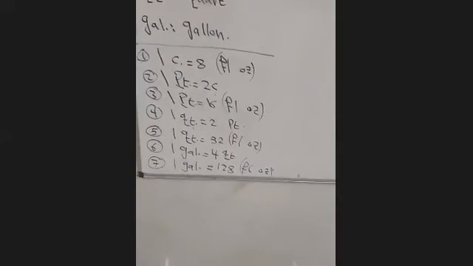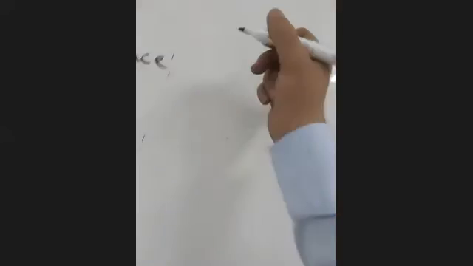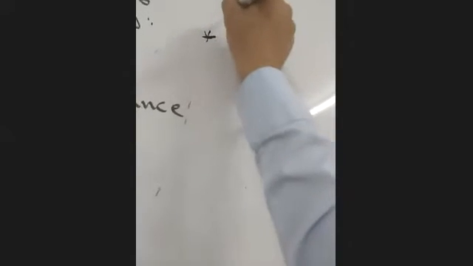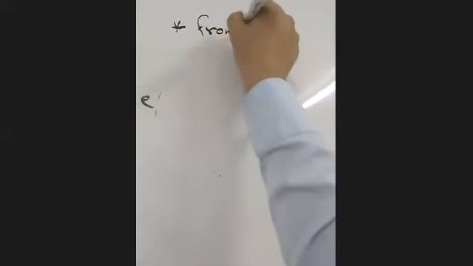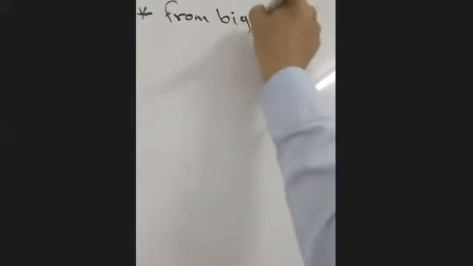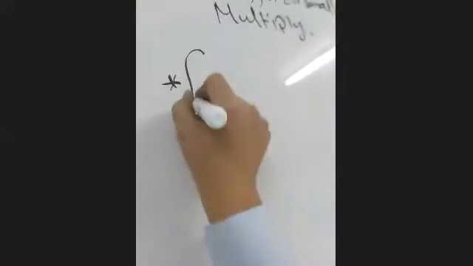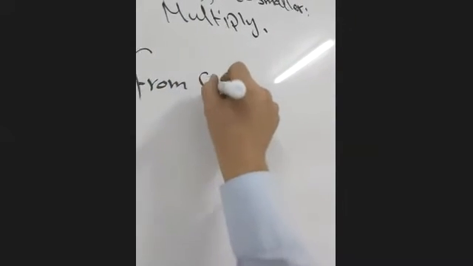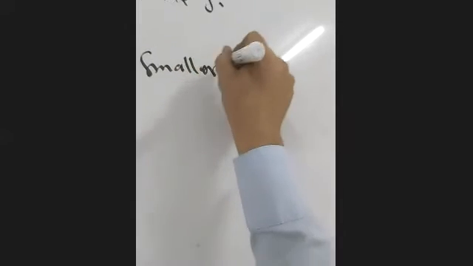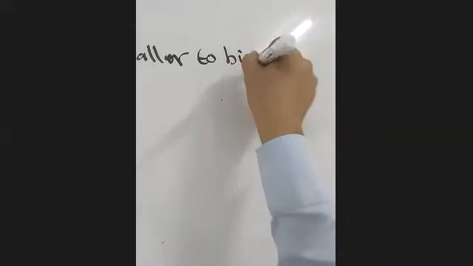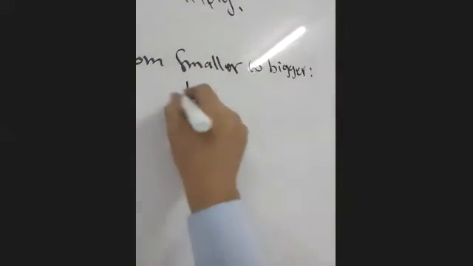And if you remember in the previous two lessons, to convert from bigger to smaller, what do we do? Who can tell me? We multiply, we did that, right? And from smaller to bigger, what do we do?